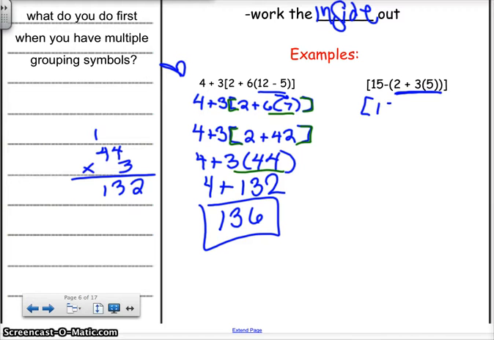Rewriting. Now inside that inner grouping symbol, I need to do my multiplication first. And that's the first step. So you always follow PEMDAS or order of ops within grouping symbols as well.